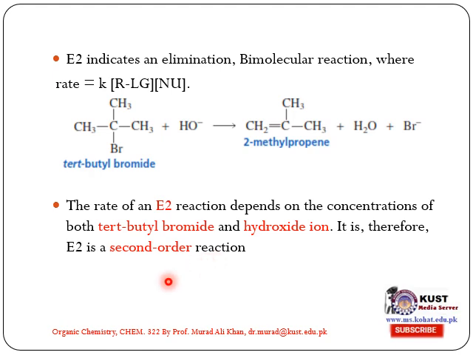Like E1 was a first order reaction, E2 is a second order reaction, because there are two molecules, the substrate and the base, which are involved in the rate limiting step, or rate determining step.